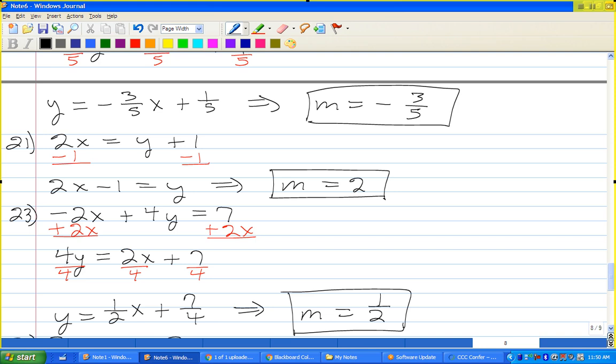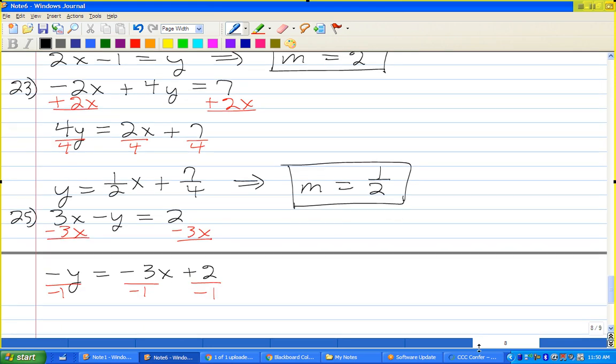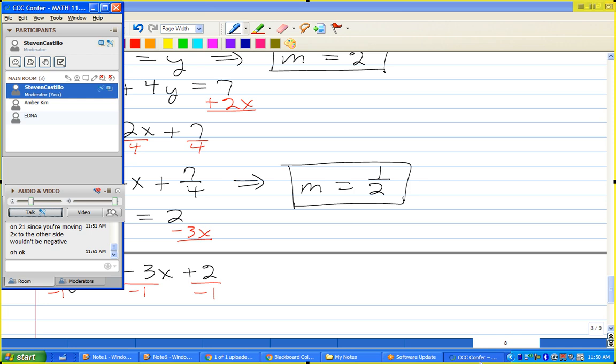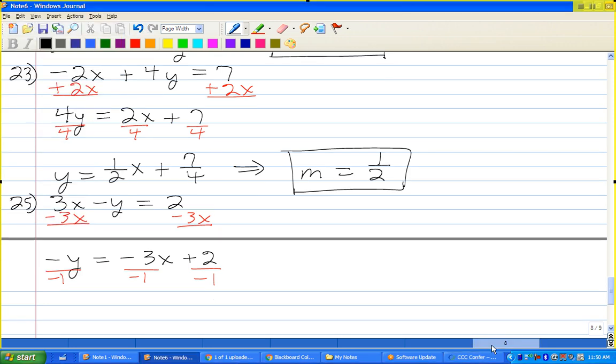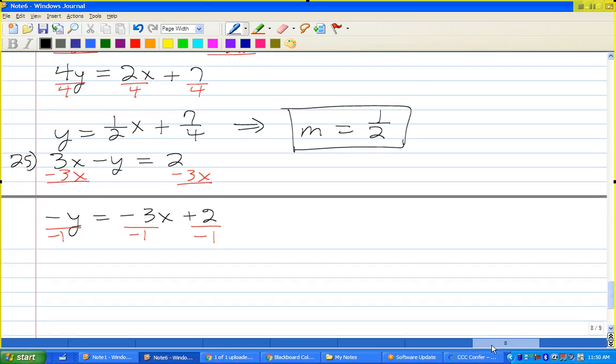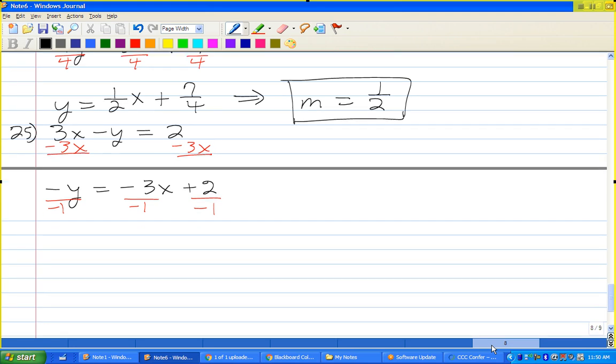Y equals 2x minus 1. And so I'm not really switching sides or anything. I just read it the other way. So in this case, the number in front of x is 2. Sorry about that. I just did it fast because it was natural to me, but I didn't even say anything.